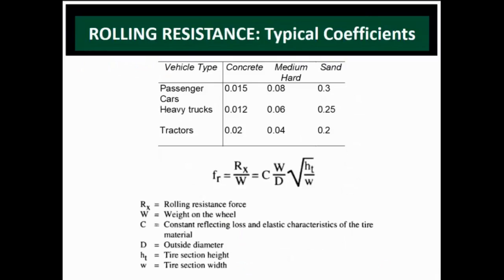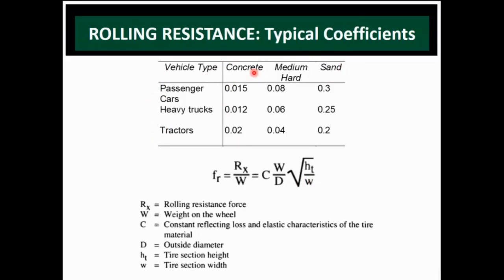This is the rolling resistance punya typical coefficient. It depends on the vehicle type, whether the vehicle is passenger vehicle or heavy truck or tractor, and then it also depends on the road punya material.